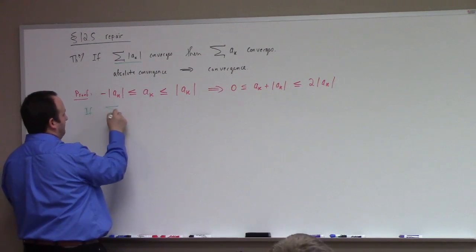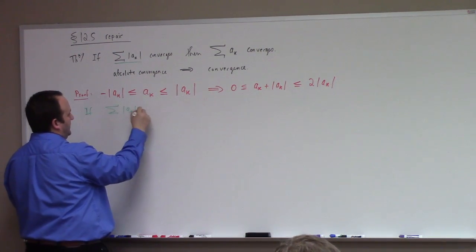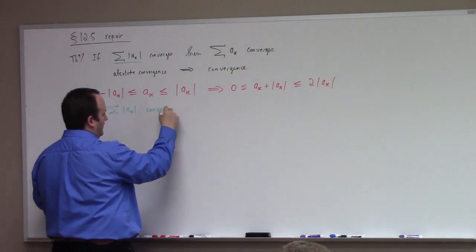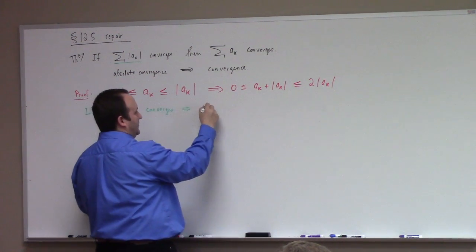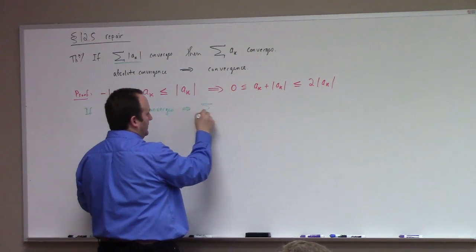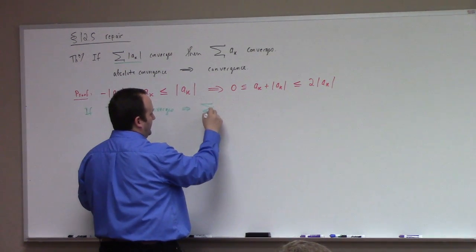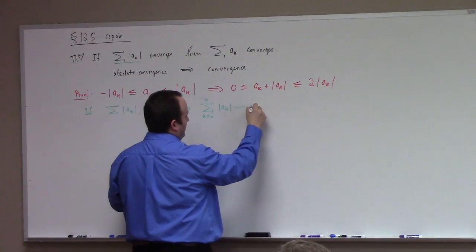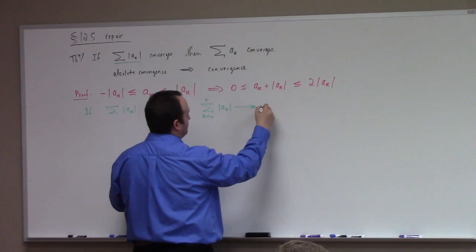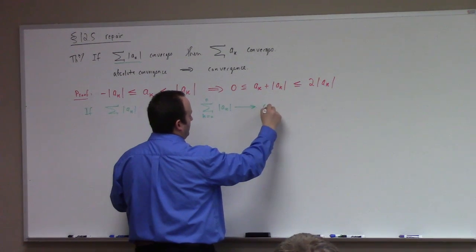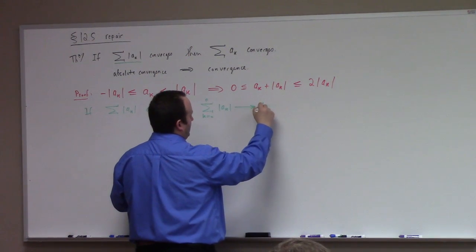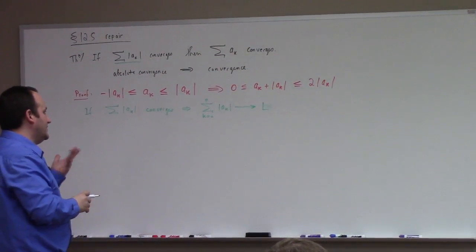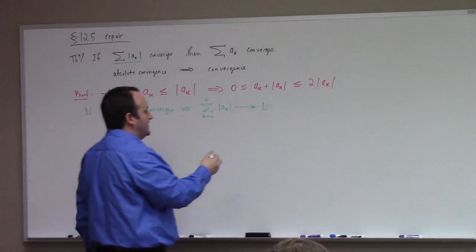Okay, so now that you have this, if the sum of a sub k converges, what does that mean? That implies that the nth partial sum, if we look at the sum, k equals 0 to n of the absolute value of a sub k, that converges, goes to L for some L. And now we can do basic comparison tests.